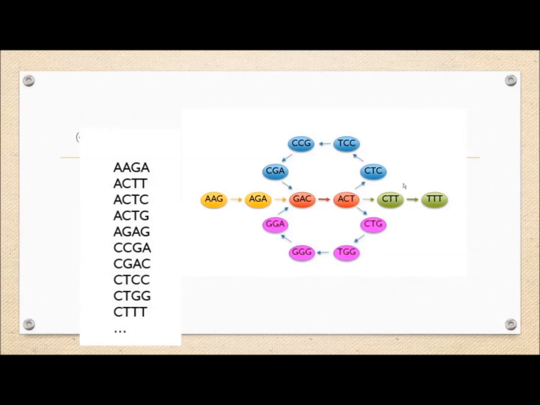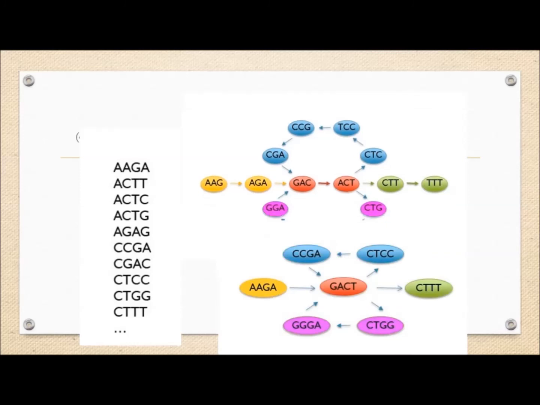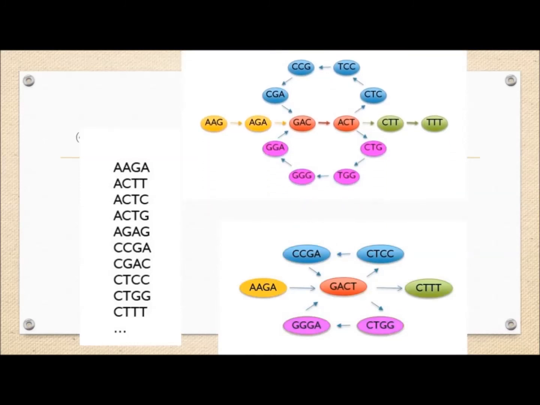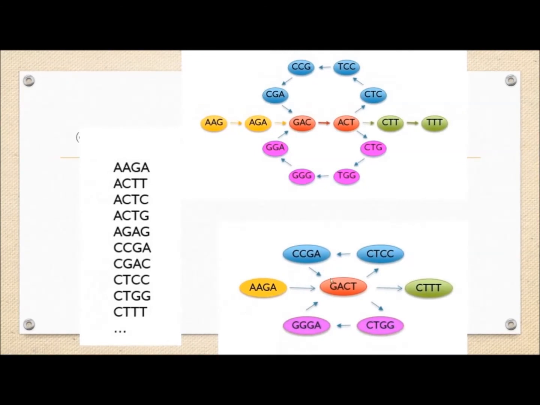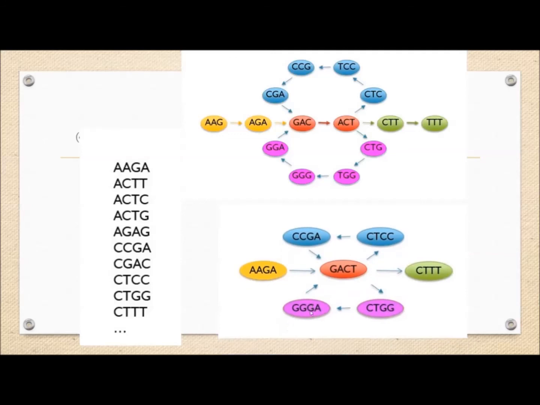And this is essentially a simple example of a De Bruijn graph. Okay, and so now once you begin to put some of these things together, you can say, oh, look, AAGA, that's great. GACAT, which is great, GACT, because the AC and the AC are the same. And then you see there's a CCGA and the CTT, CTCC, and those can then be put together.